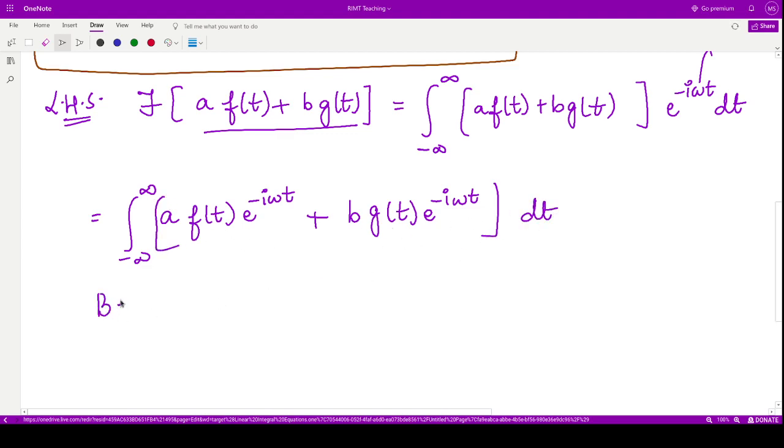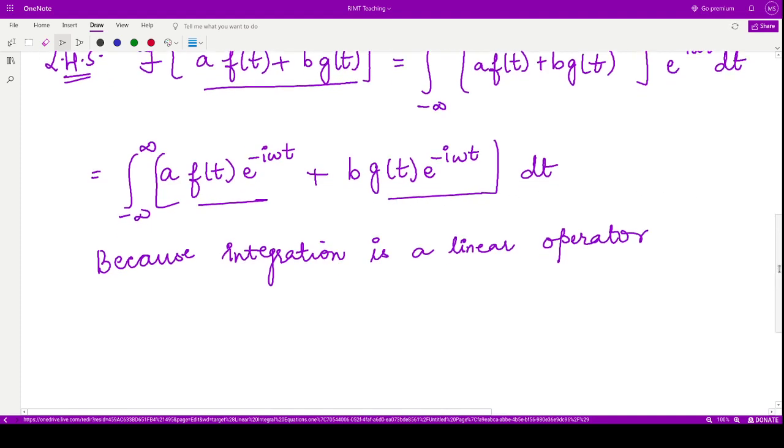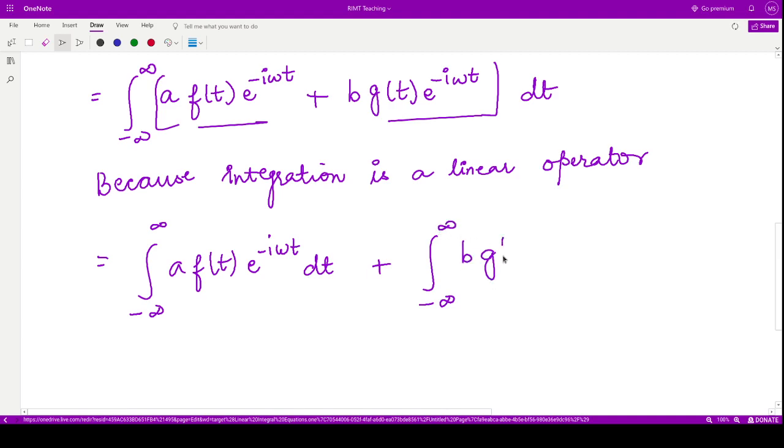Now because integration is a linear operator, as we very well know, I can separate out the integration over these two terms. So it would be simply the integration from minus infinity to infinity of a f of t e to the power minus iota omega t dt, and then the integration from minus infinity to infinity of b g of t e to the power minus iota omega t dt. I have just separated out these two terms.